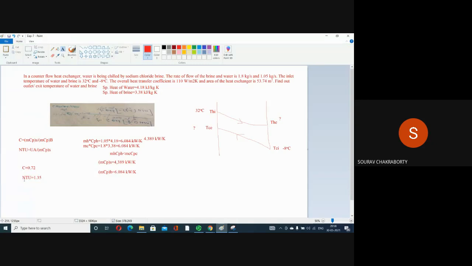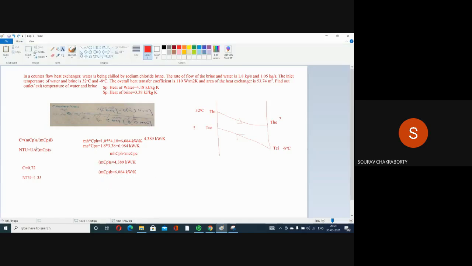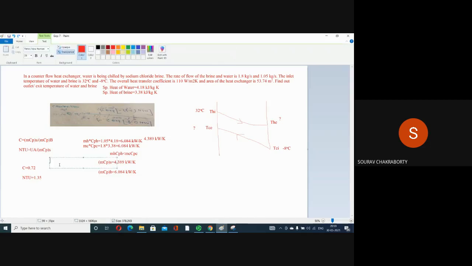After obtaining the value of C, the capacity rate ratio, and the number of transfer units, we put them in this expression and the effectiveness value that we obtain is 0.623.